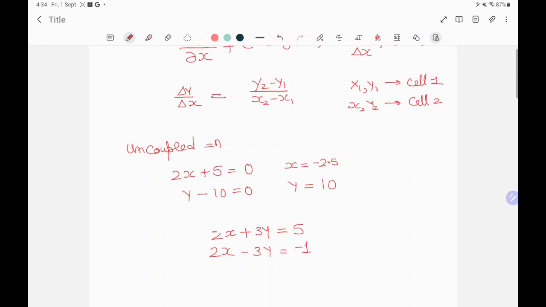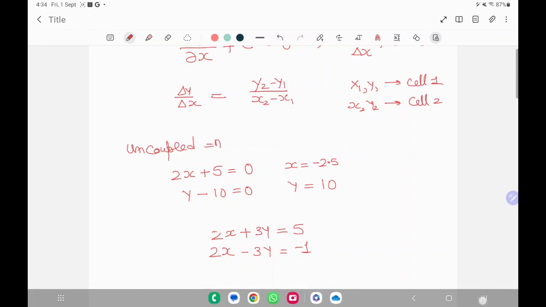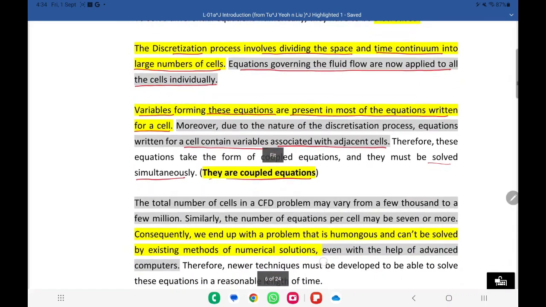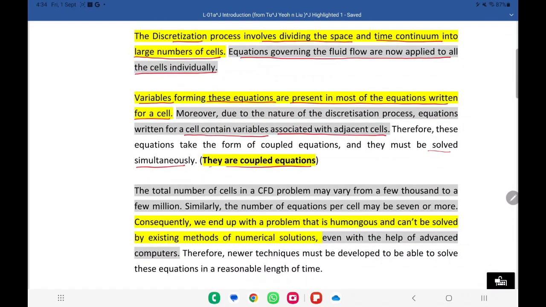What does it mean? When you are talking about these equations, each cell has 8 or 10 equations, right? And because those equations are differential, you have to take the help of the adjacent cell, so they are connected, and similarly each one of them is connected.